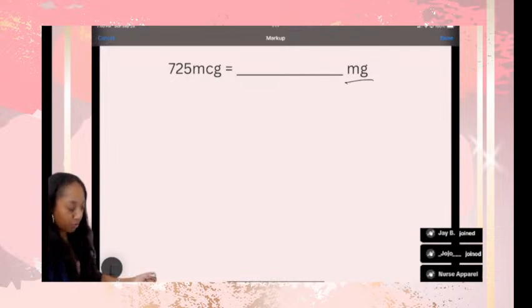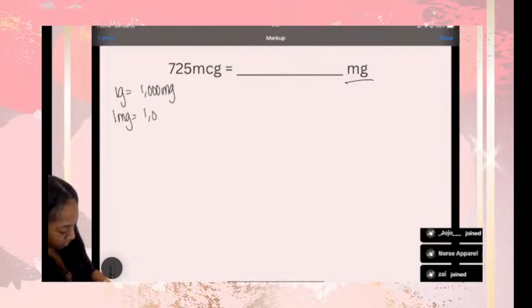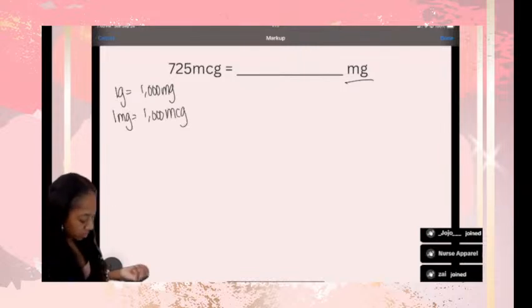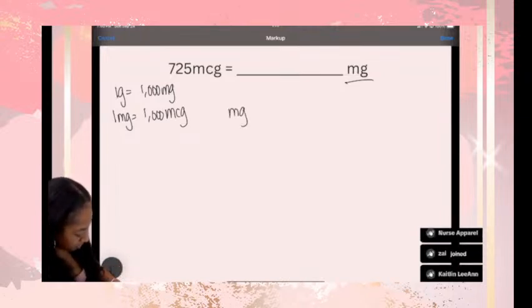So I'm going to start off with my milligrams. We said that 1 gram is 1,000 milligrams, and 1 milligram is going to be 1,000 micrograms, okay? So we're going from microgram to milligram. So milligram is going to be on the top, and microgram is going to be on the bottom.